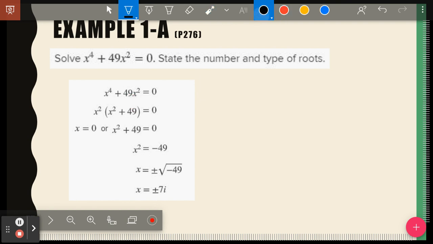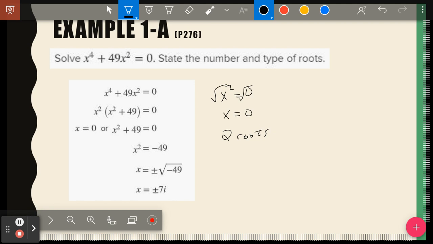If you set x squared equal to 0, you would square root, plus minus 0 isn't really a thing, so we know that represents two answers from the x squared. Then over here, they subtracted 49 and square rooted. Remember, negative always becomes an i. Square root of 49 is just 7, so plus minus 7i.